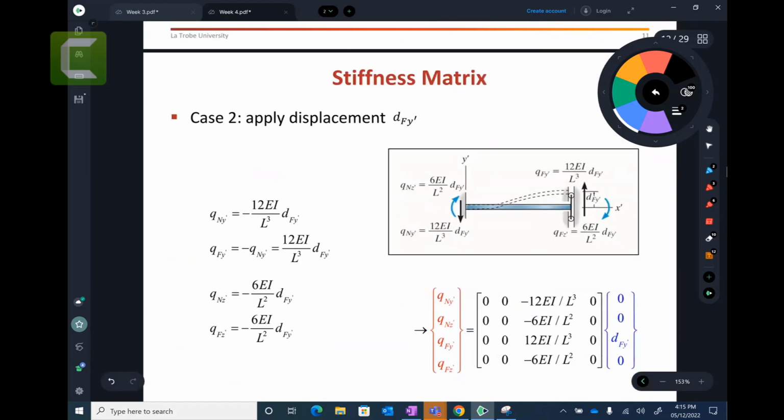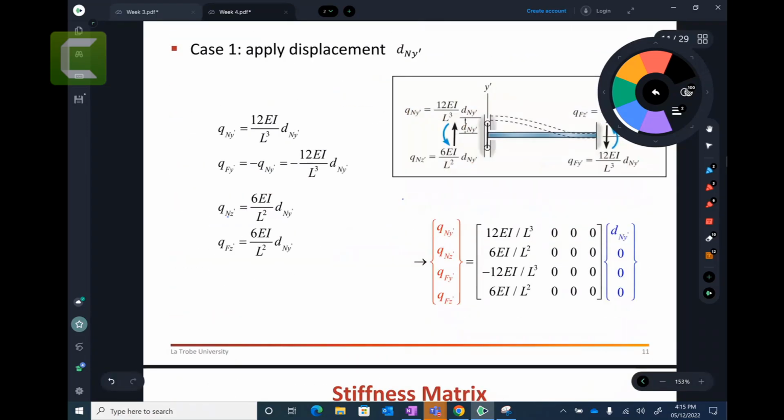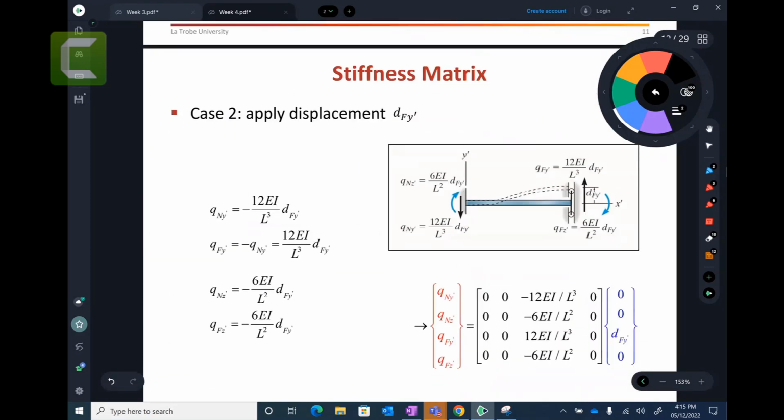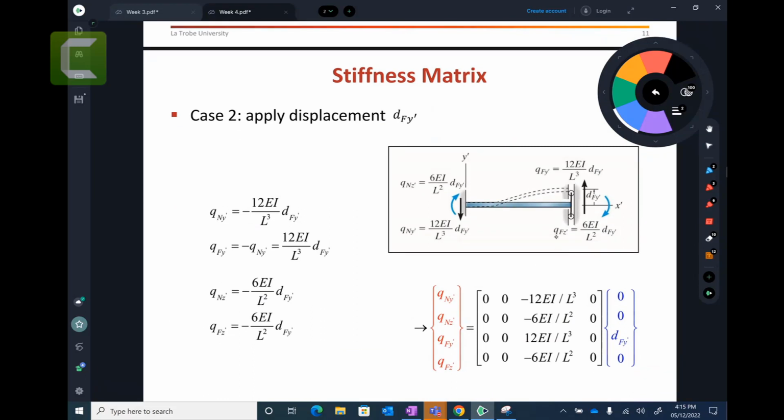Now, what about the next one? I can fix this one and make the opposite. I will fix this end and make the slider here. In that case, your far node is going up. Let's say I want to apply a 1 unit displacement. The amount of force required to create this is minus 12 EI on L cubed.